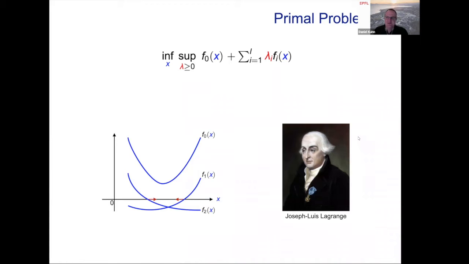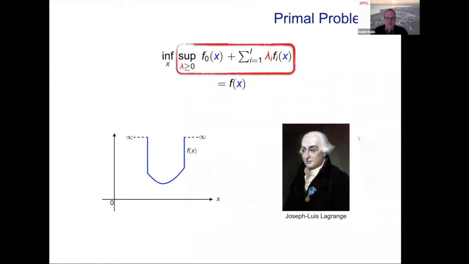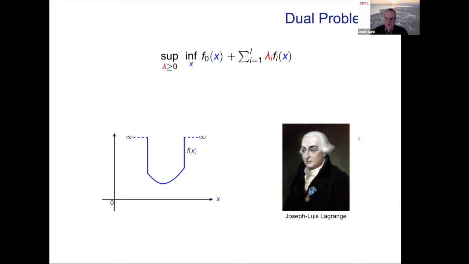Problem P can then be reformulated as an unconstrained optimization problem that minimizes the effective objective function f of x, which is defined as the parametric supremum of the Lagrangian with respect to all non-negative Lagrange multipliers lambda. So the dual problem associated with P is then obtained by interchanging the order of minimization and maximization.